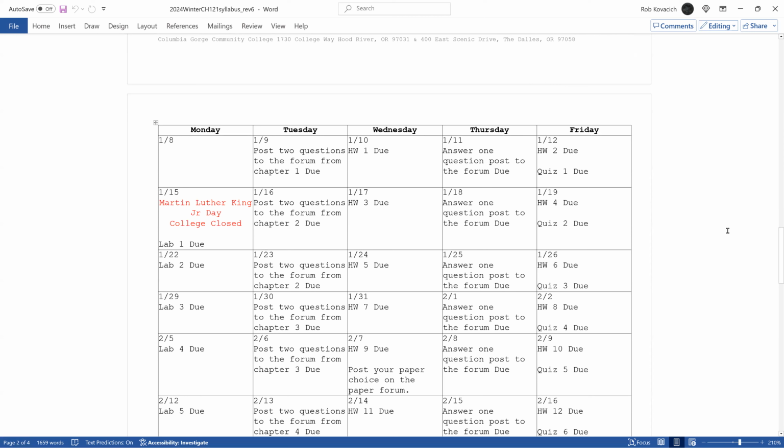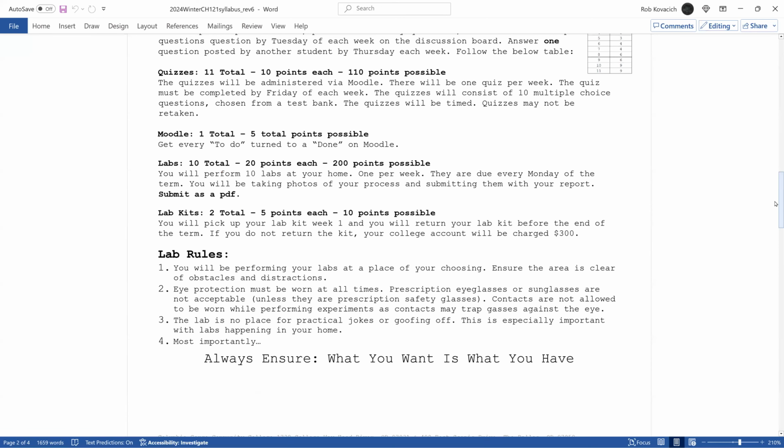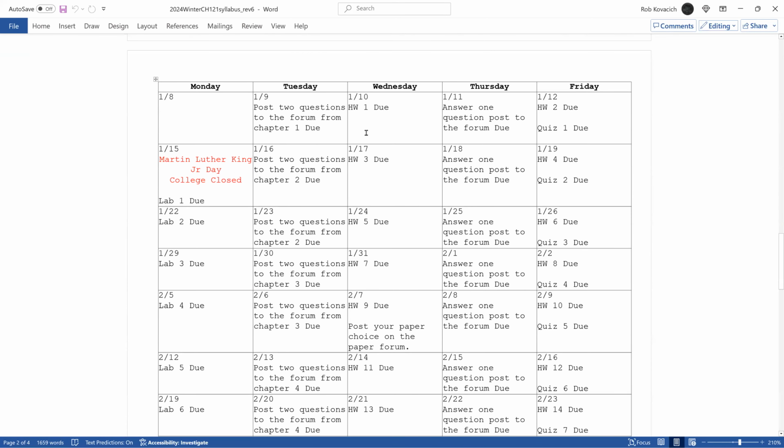So we've got the calendar here, and our calendar is showing you that you're always going to have a homework due on Wednesdays. You're always going to have a homework due on Fridays. You're going to be posting your 2 questions to the discussion forum on Tuesdays. Every Tuesday you'll post those.